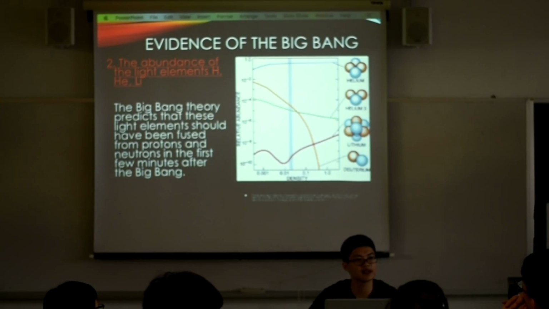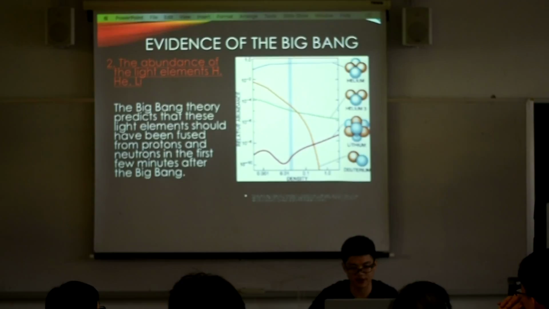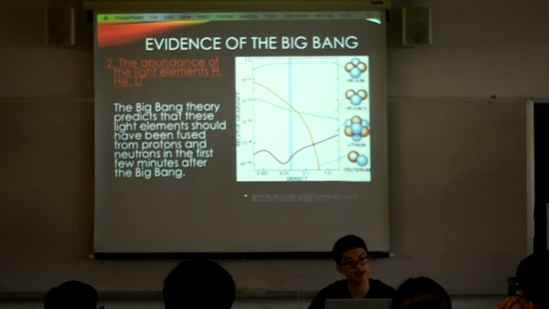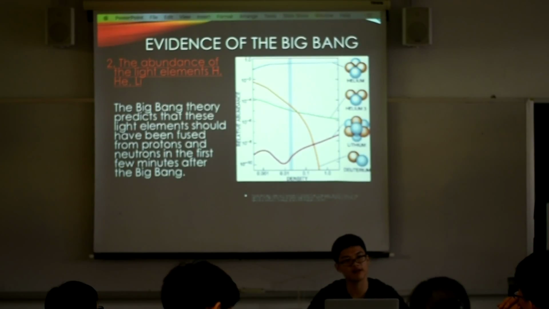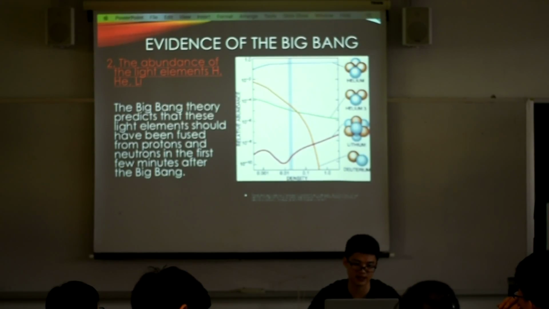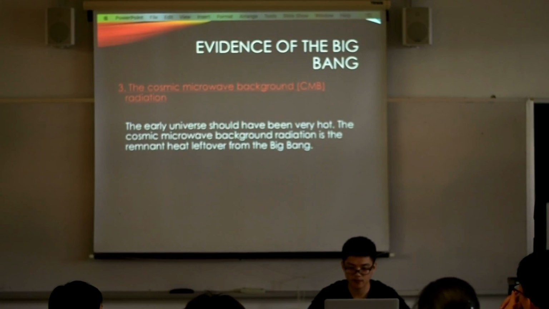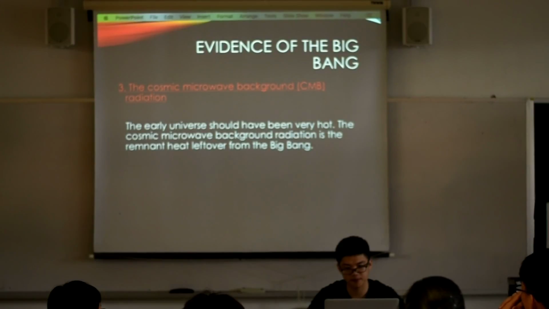So it is the same as what is predicted by the Big Bang theory. Only hydrogen and helium and a very small amount of other elements can be predicted inside the Big Bang itself. The third evidence is the cosmic microwave background radiation, as we talked about above.